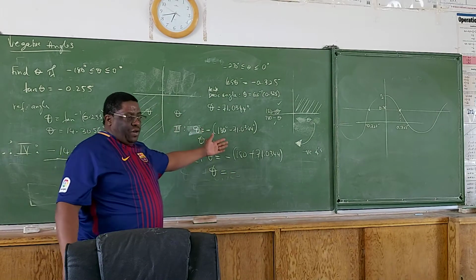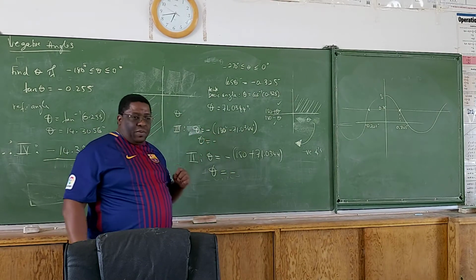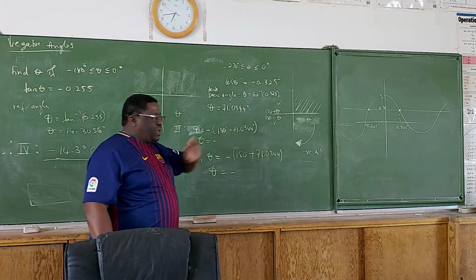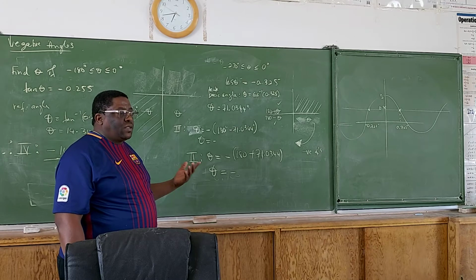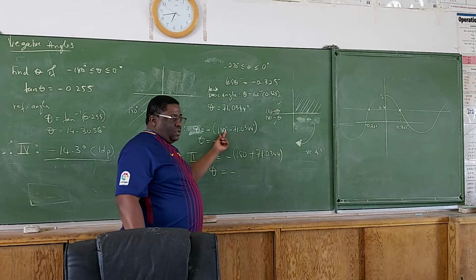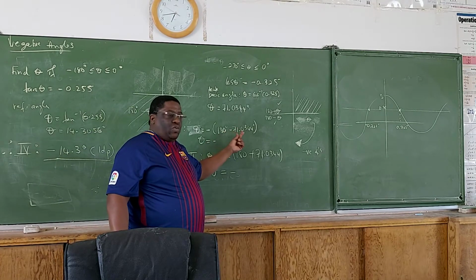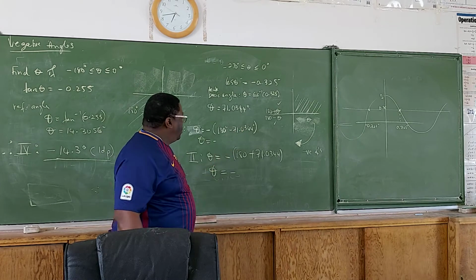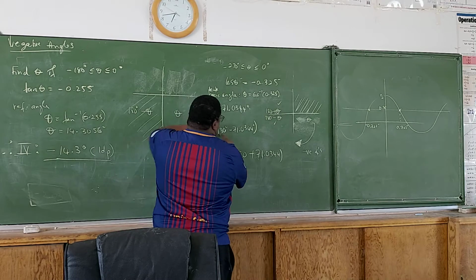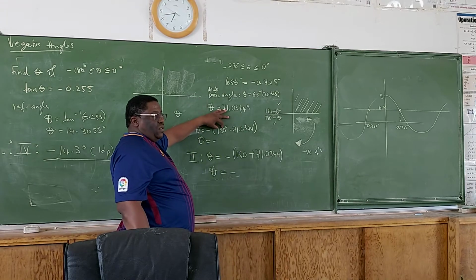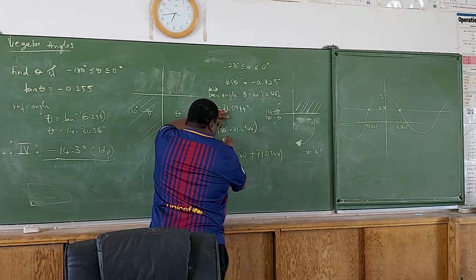What I'm looking for right now is the answers from the people sitting with a calculator. 180 plus 71 is 251? Negative. Oh, so you're subtracting. So it's 108 something, 109.